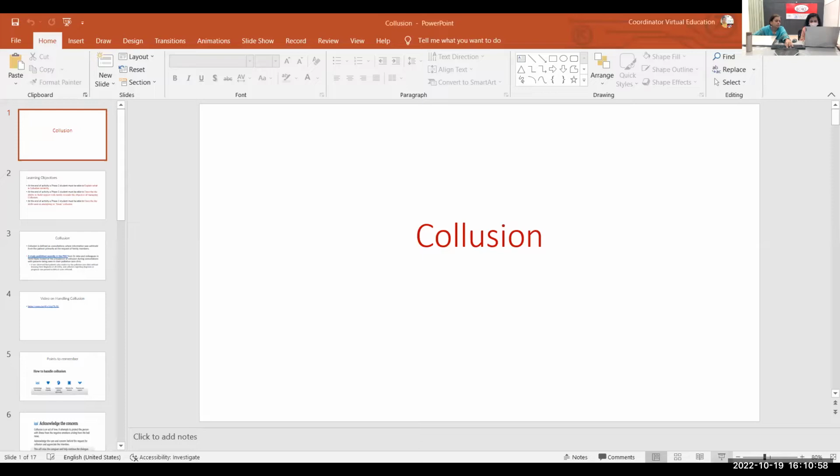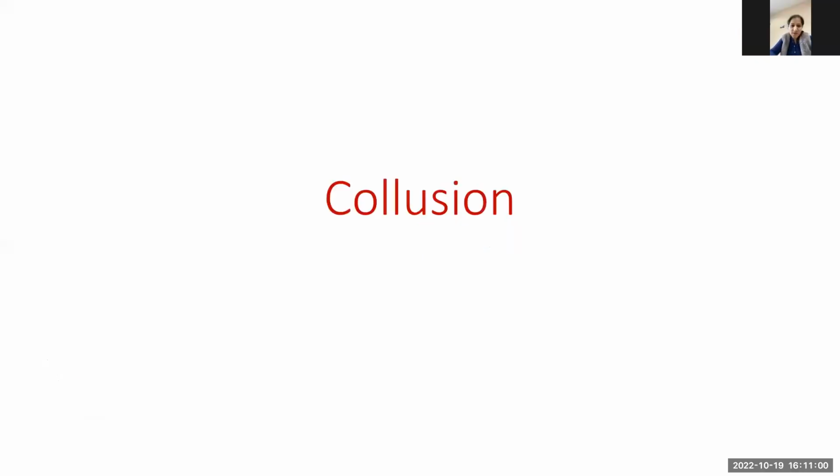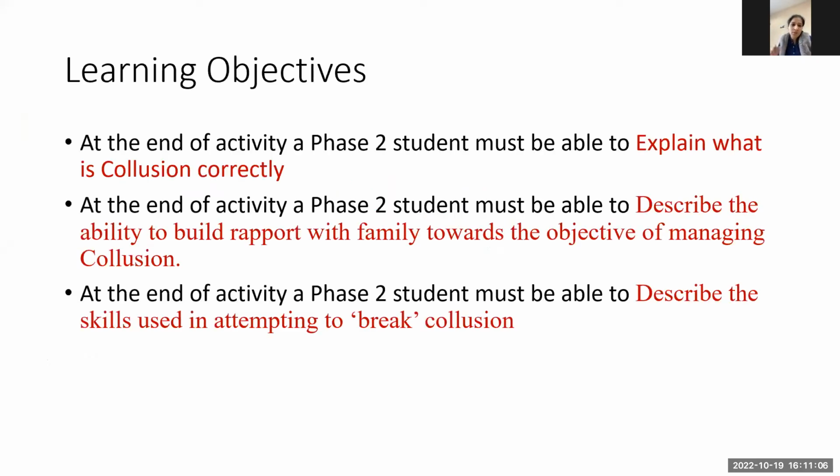Yes, please. So actually the topic which we want to discuss with our students is collusion. The learning objective of this session, we will just give to the students: what is expected of them at the end of this class. They would be mainly observers, the phase 2 students.